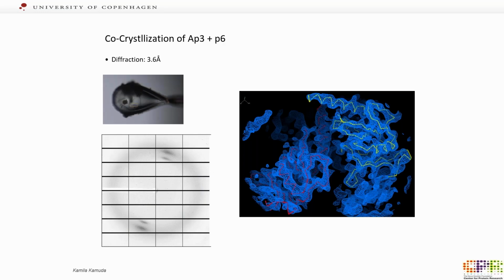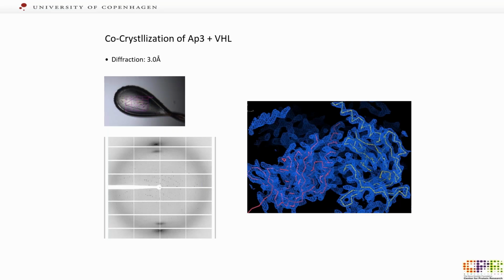So the crystal of Apical 3 plus P6 diffracts to 3.6 angstrom, which is not really high resolution, and unfortunately from the map here, I can only see Apical 3 but not P6. The same story happened with Apical 3 and VHL. The crystal diffracts to 3 angstrom, but unfortunately, I cannot see VHL in the density map.